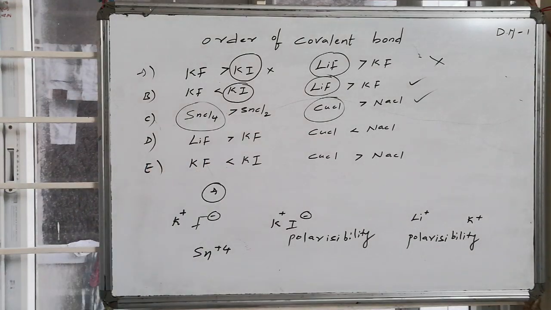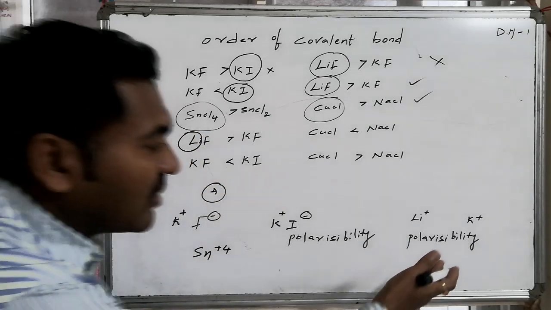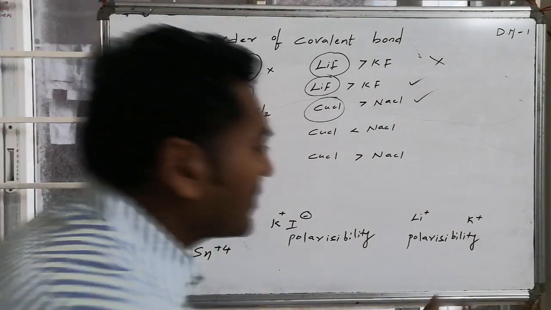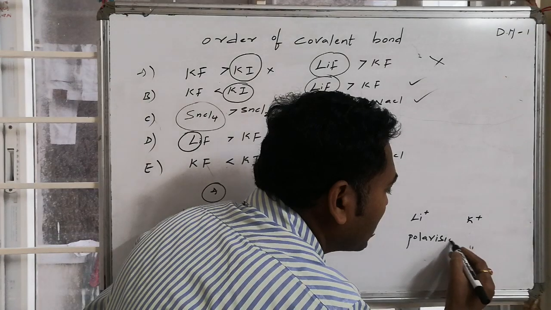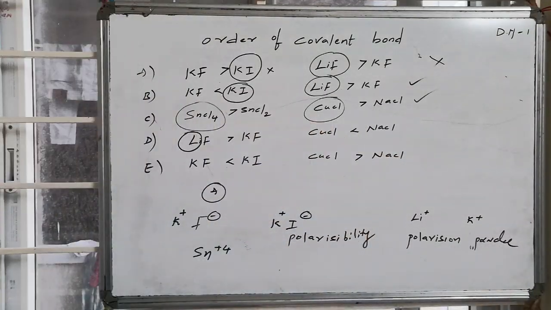If I go for lithium fluoride and the potassium fluoride, here fluoride remains same, lithium is the smallest cation, hence higher polarization power, hence it is having highest covalent character, correct.